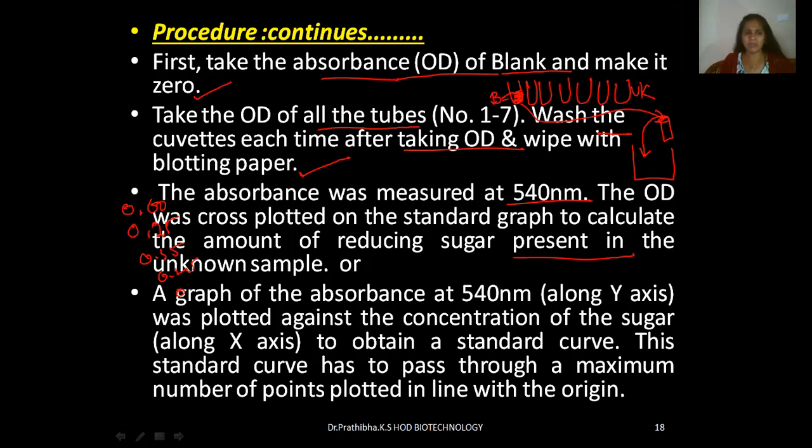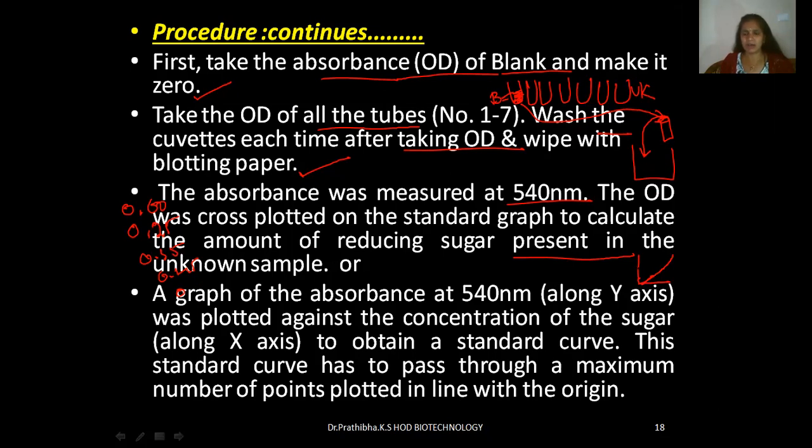By using all those 6 ODs, you can plot the standard graph. If this is the graph, with y-axis and x-axis, using all these 6 ODs you are going to plot the standard straight line. One standard straight line is ready. Then the 7th one is the unknown.